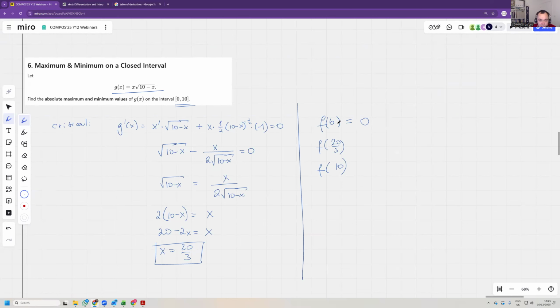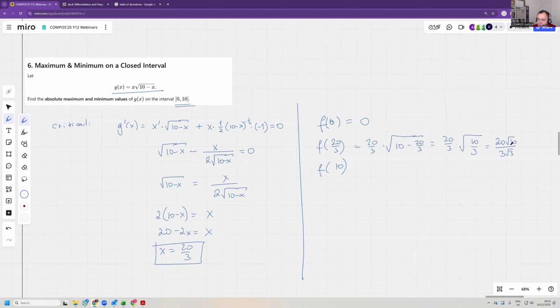So f of 0 is 0, easy. f of 20 thirds, so that's 20 thirds multiplied by square root of 10 minus 20 thirds. So that's 30 minus 20. 20 thirds multiplied by square root of 10 thirds, which is 20 square root of 10 divided by 3 square root of 3.